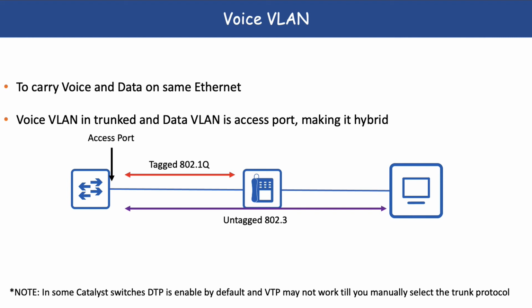That means the port is going to work as a hybrid port wherein it has both the access VLAN and a trunk VLAN, because we are going to carry both the voice and the data on the same Ethernet cable and terminate it on the phone, and the phone further is going to be connected to the PC.